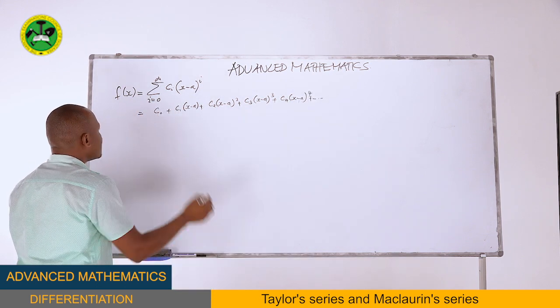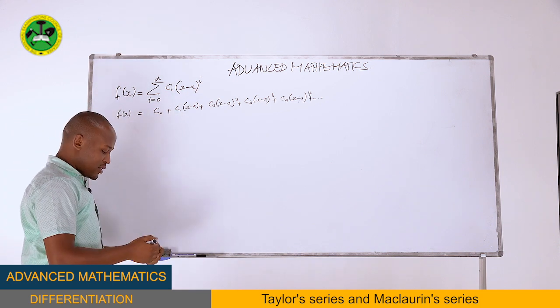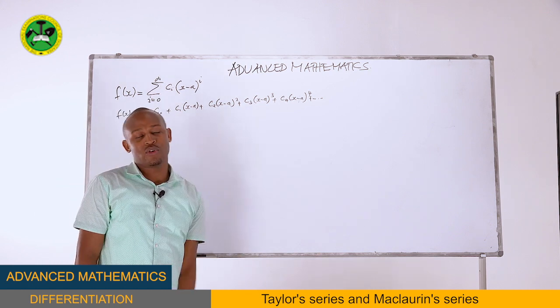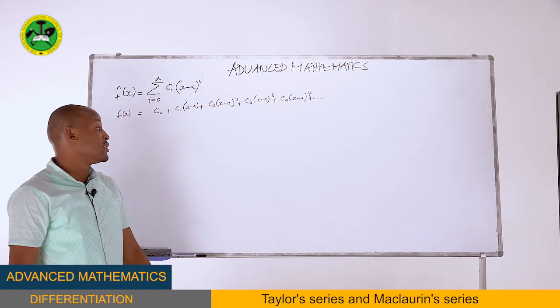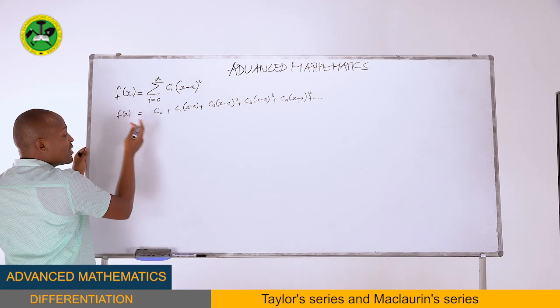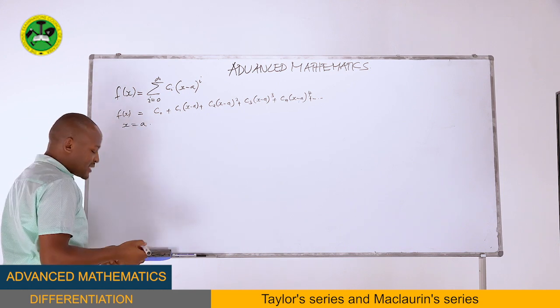So let's find those values of c naught, c1, c2, and so on, and see how it will look. Now as I said earlier, we shall find those values when x is equal to a.